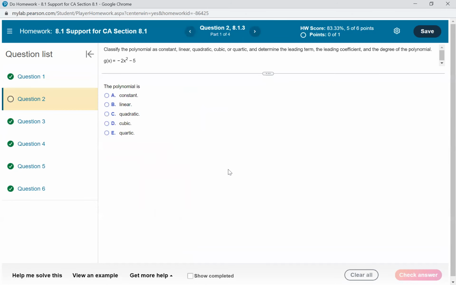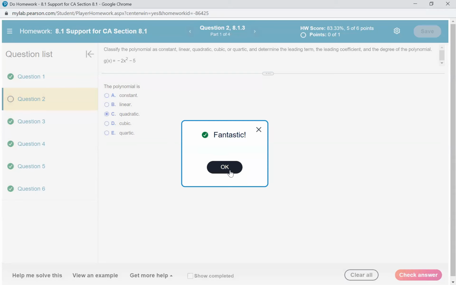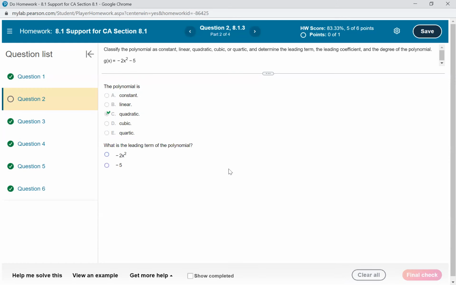Right, so the last one we didn't do. Is this polynomial constant, linear, quadratic, cubic, or quartic? Quadratic. So quadratic, exponent of 2. All right, the leading term of that polynomial?